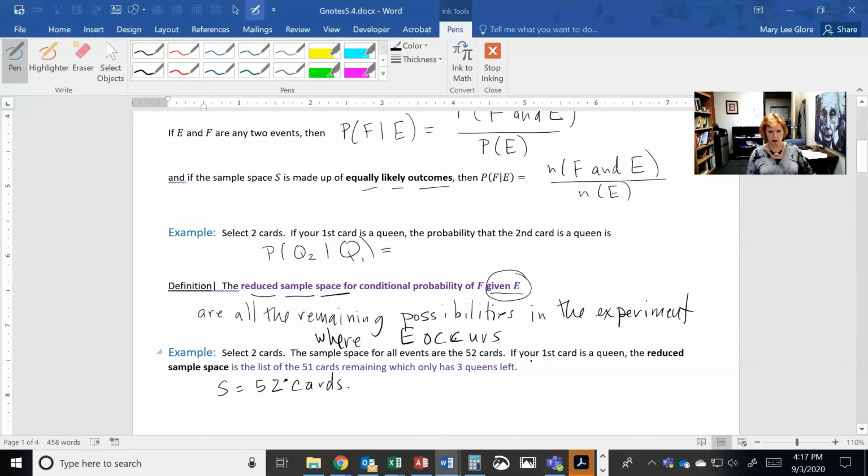Once I know my first card is a queen, my reduced sample space, let's call it SR, is now my 51 cards. And if I know it's a queen, among those 51 cards there are only going to be 3 queens left.